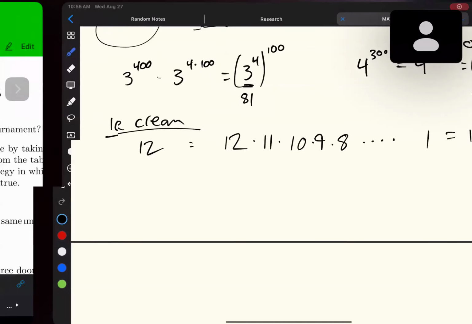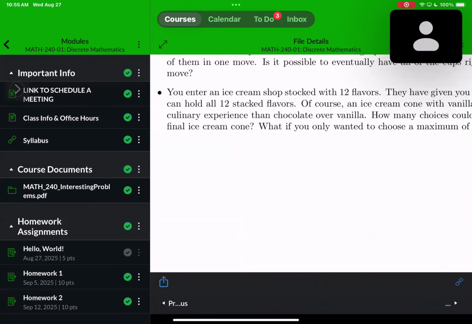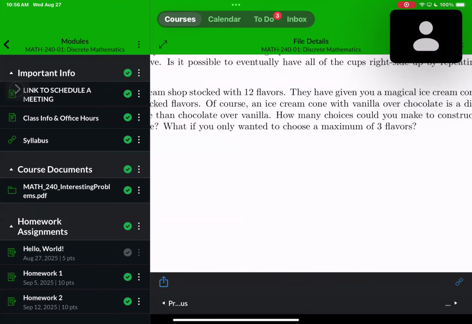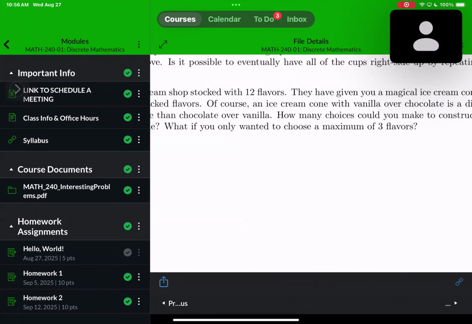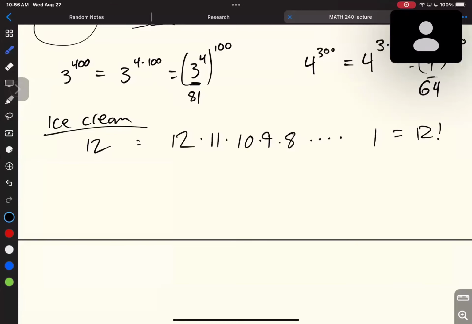For the second variation, what if you only wanted to choose a maximum of 3 flavors? If I only wanted to walk out with a 3 scoop ice cream cone, I still have 12 choices to start with, right? There's still 12 flavors available.